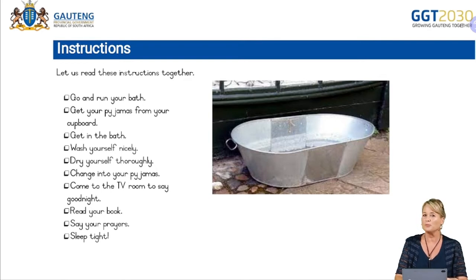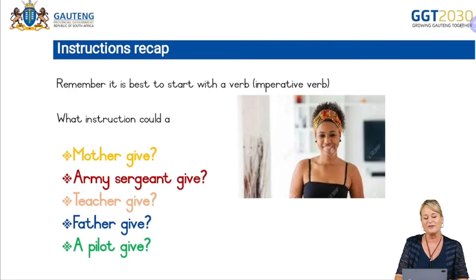And you can't have your pajamas on when you are in the bath. So we have to always go in a logical order. Remember, it is best to start with the imperative verb at the beginning of your sentence. Then it makes your instructions very clear and easy to understand for the person who's following them.